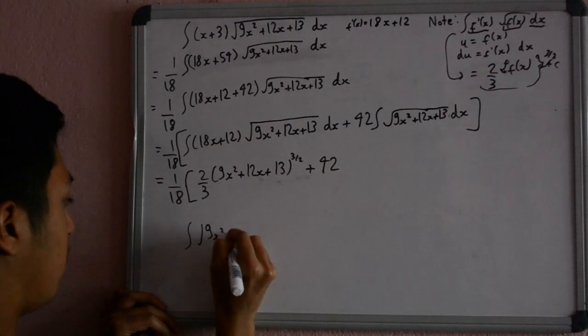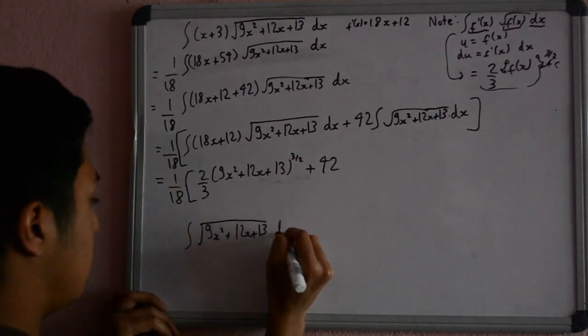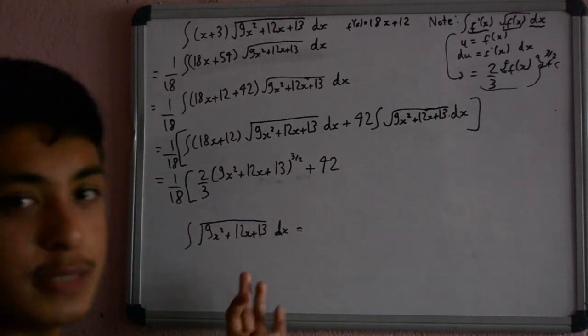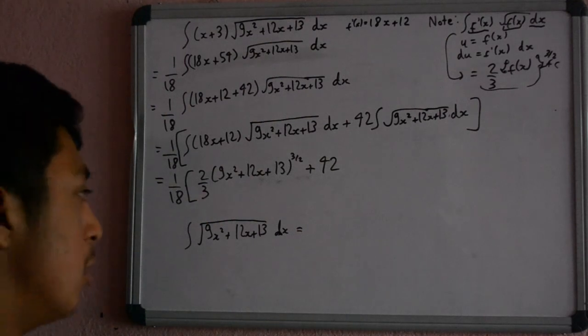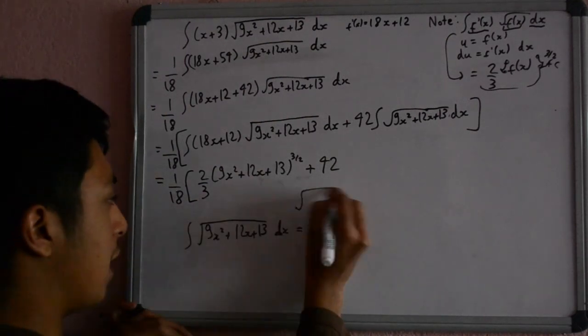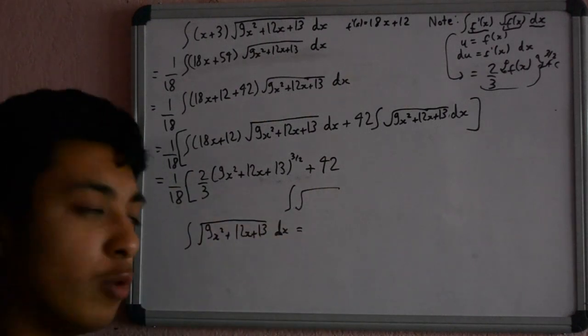9x squared plus 12x plus 13. Now, these types of integrals, these quadratic expression integrals under the root, we want them to be in the form of one of these three standard integrals, for which we can just use their standard formulas.